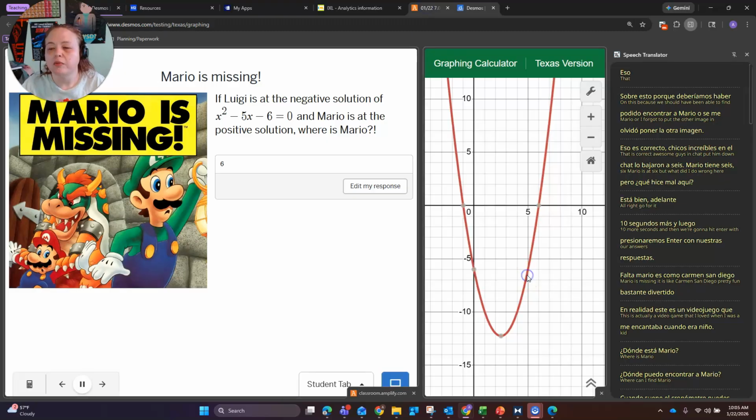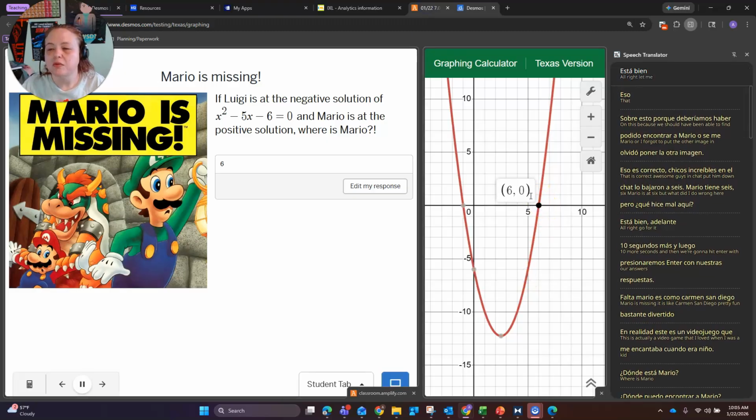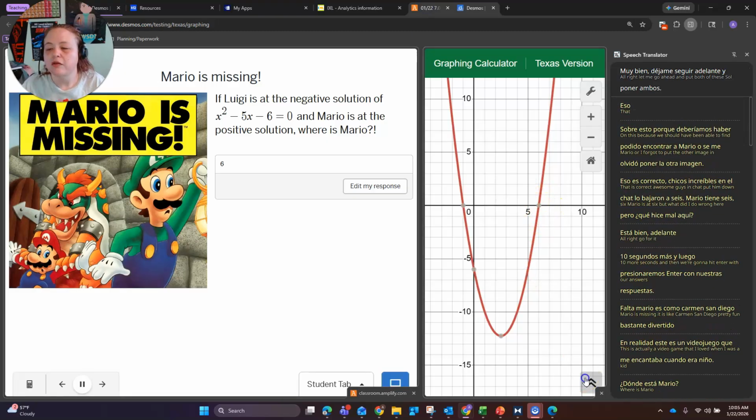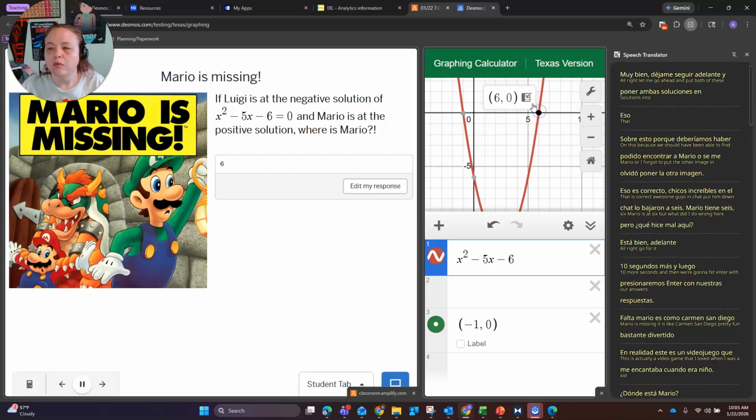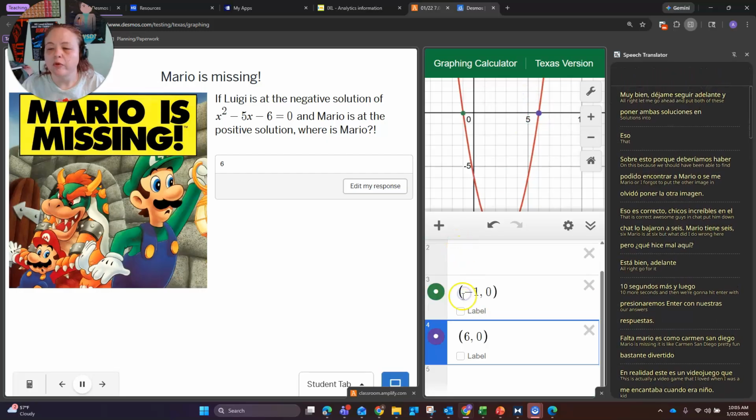All right, let me go ahead and put both of these solutions into the expression list so that we can have them labeled. Label, label.